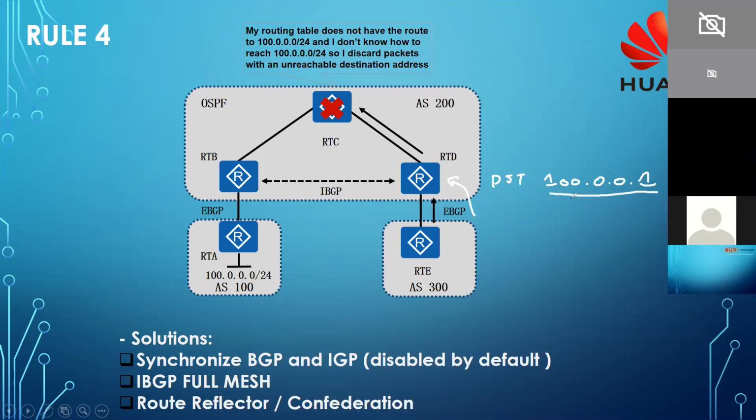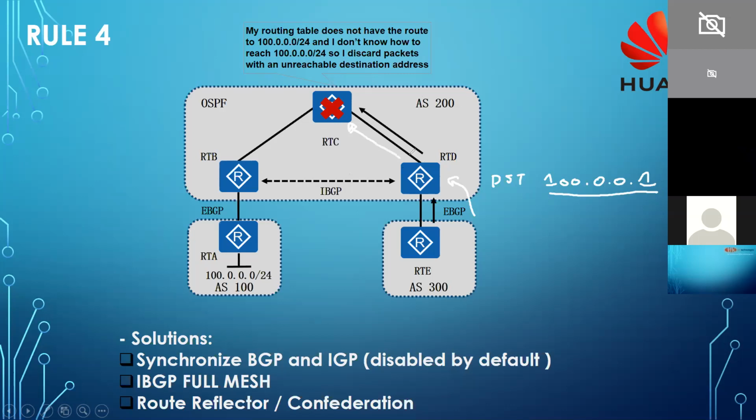After doing a recursive lookup in its routing table, RTD sees that it needs to send it to RTC. But when RTC receives this ping, the destination is 100.0.0.1. RTC doesn't know this destination because RTC didn't receive the BGP route. The BGP routes are only in RTB and RTD.